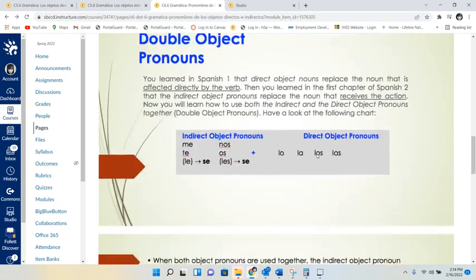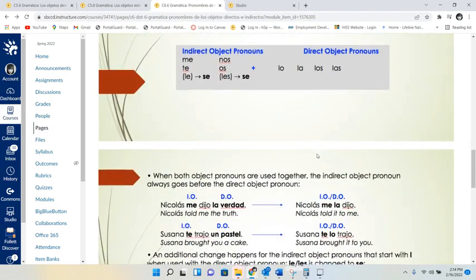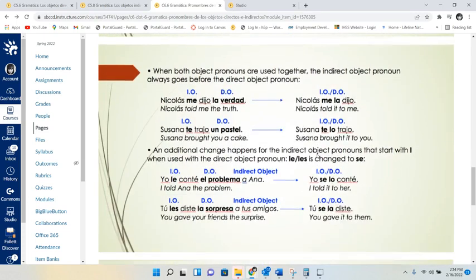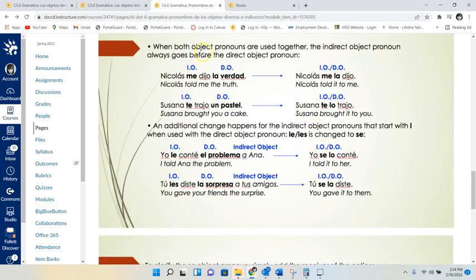So careful, do not conjugate the verb to who is receiving the action, but to who is doing the action. By that, I mean, when you look at this example here in the slide, Nicolás me dijo la verdad. The person doing the action of telling is Nicolás, so your verb needs to be conjugated to Nicolás.